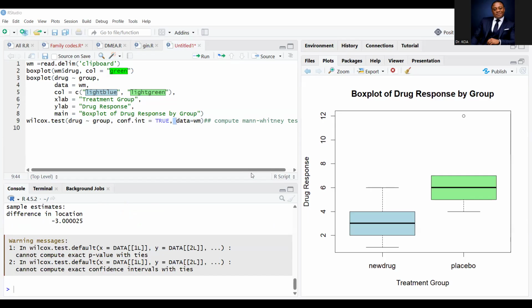Confidence through data. But everything is correct.